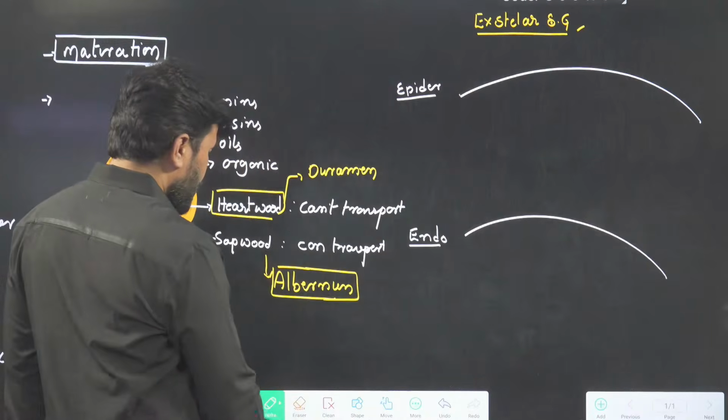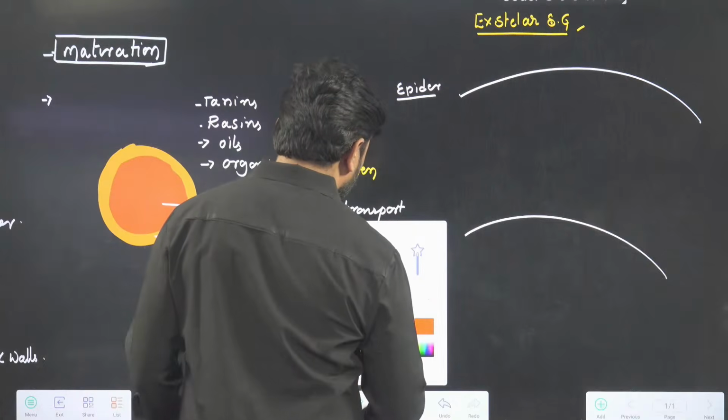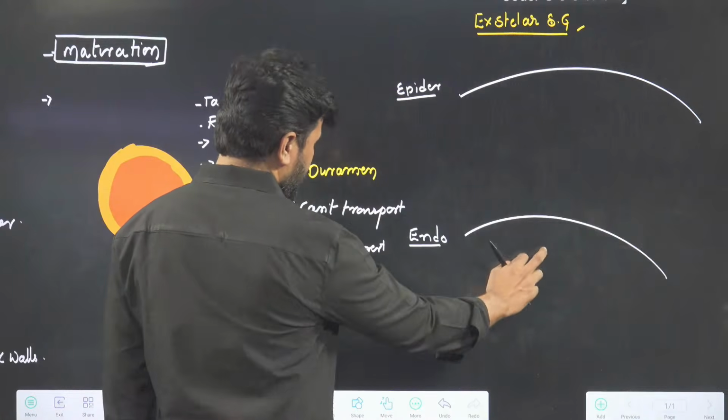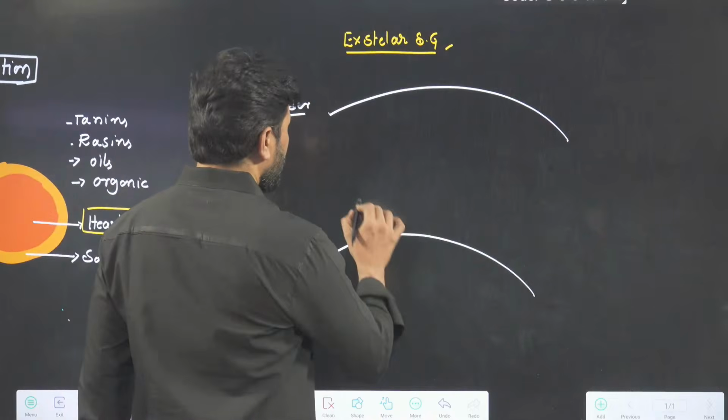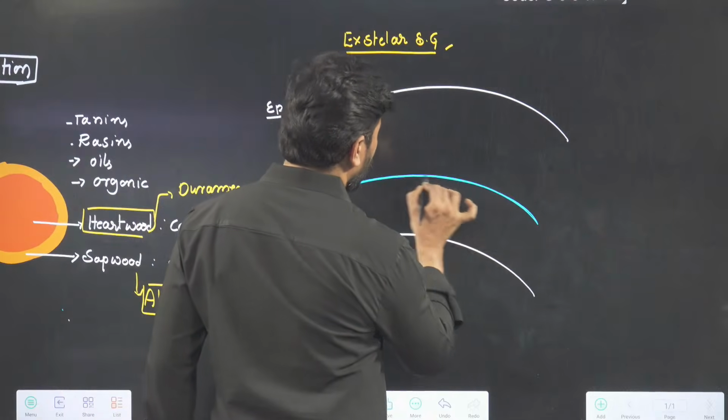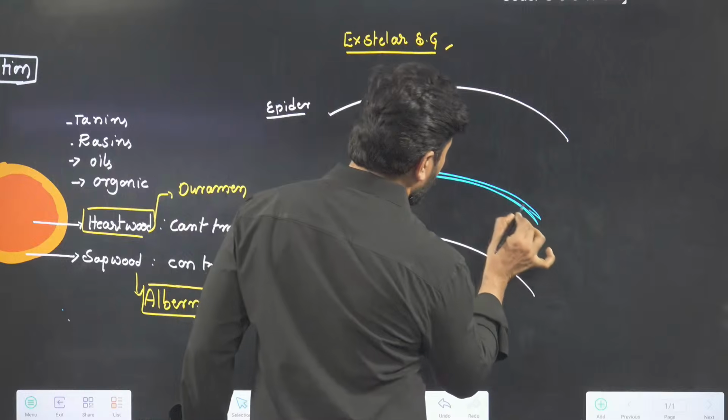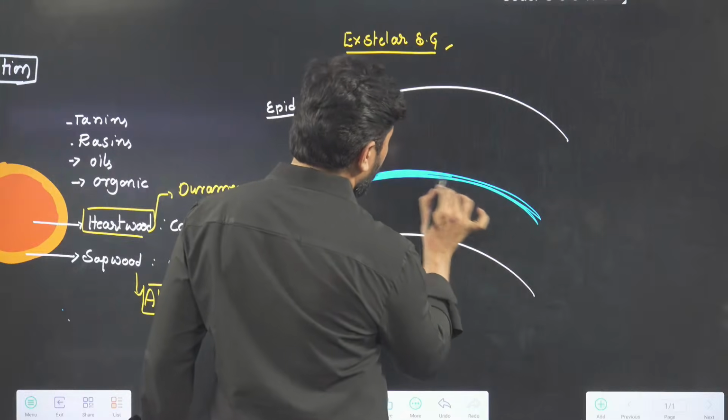Now, in the onset of extrastellar secondary growth, there are some cells called cortex cells. The cortex cells will undergo de-differentiation.